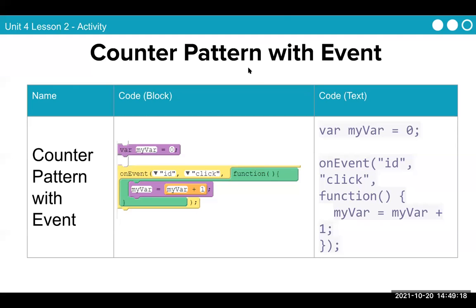Here, the counter pattern with event. This is going to be very important, so pay attention. When we create a variable myVar and we evaluate it to 0, so at the top here, we're saying var, create variable myVar, myVar gets 0. Then we have an event ID, click, myVar gets myVar plus 1.